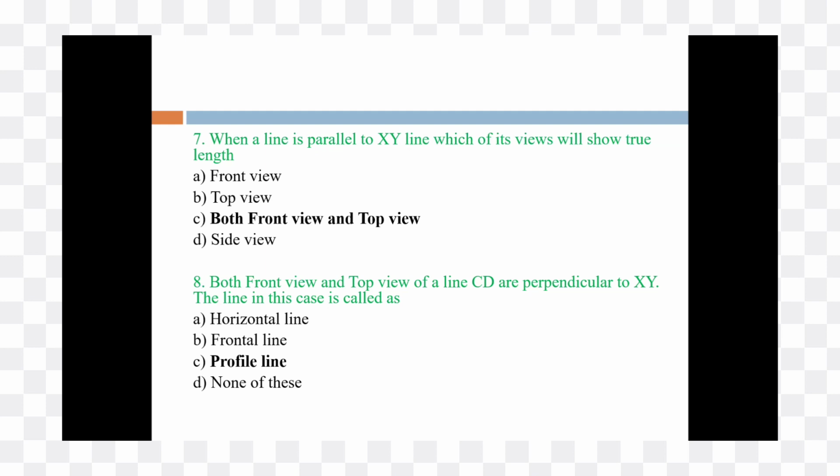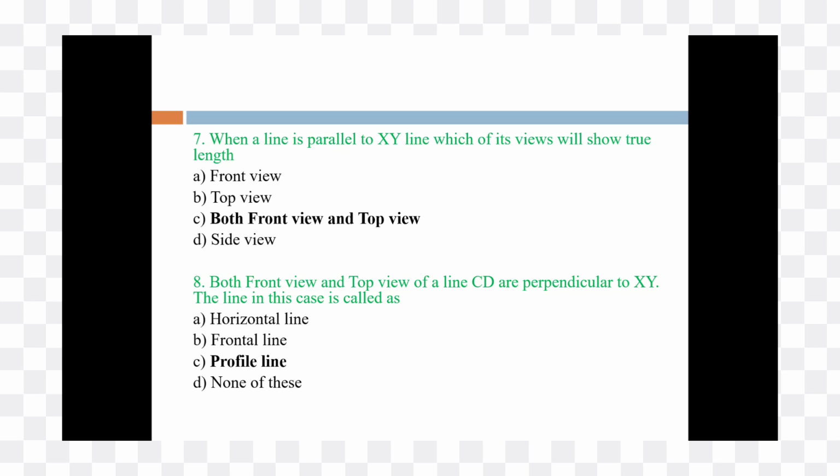When both the front view and the top view of the line are perpendicular to XY, it means the line is inclined to HP and VP and parallel to the PP. At that time the front view and the top view are perpendicular to XY. That means we are calling it a profile line.